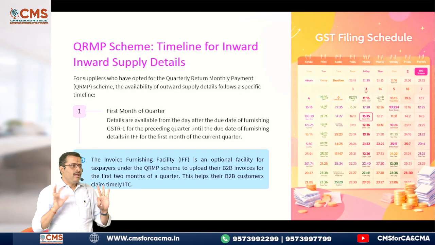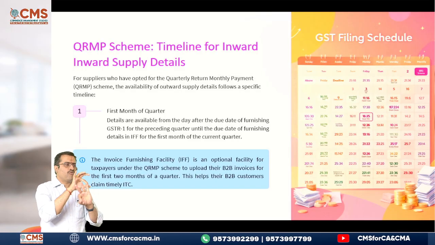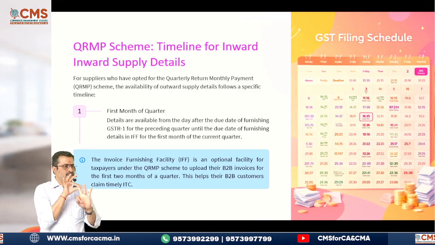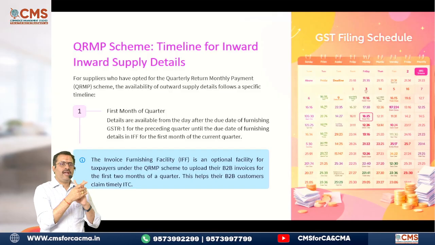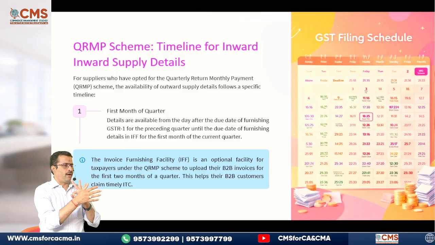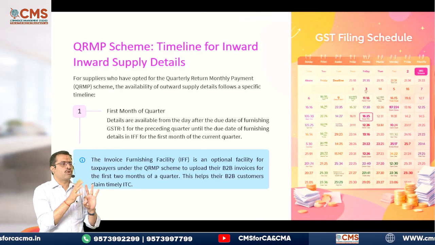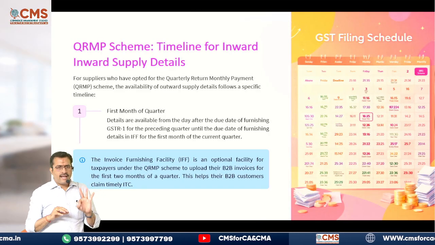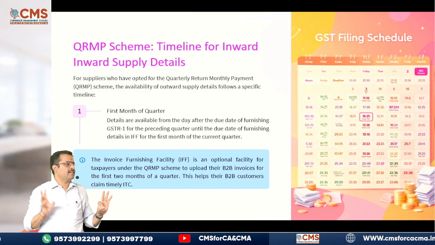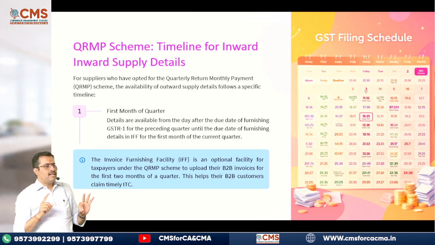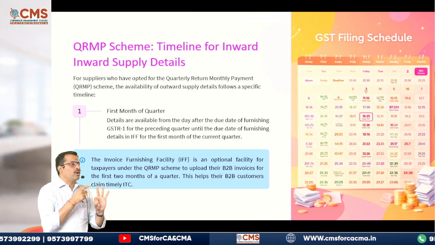Now listen, April I have 10 invoices, May I have 10 invoices, June I have 10 invoices. Now April and May, 10 and 10 I already reported. In GSTR 1, how many invoices I have to report now? Balance 10 or all 30 invoices I have to report? Come on. In GSTR number 1, I have to report only the balance 10.